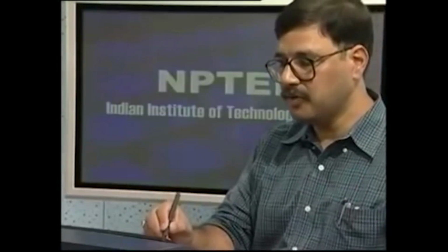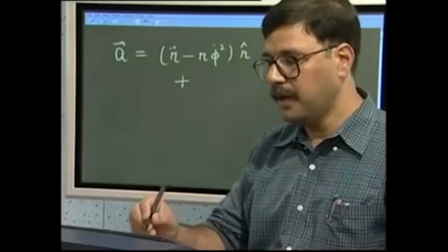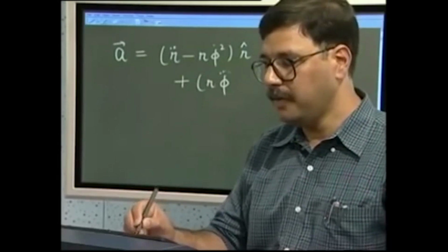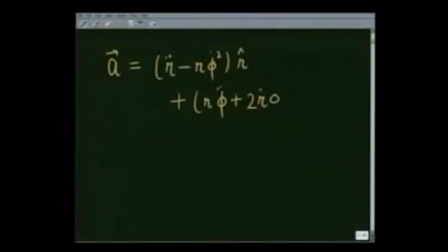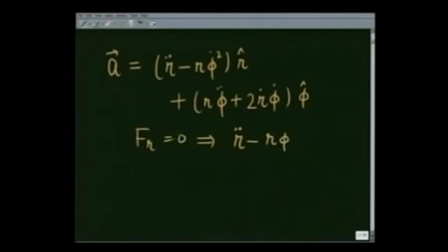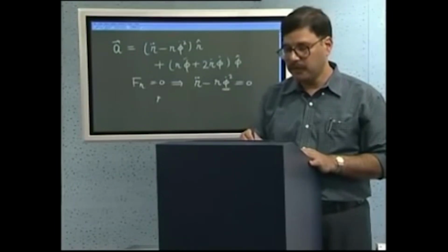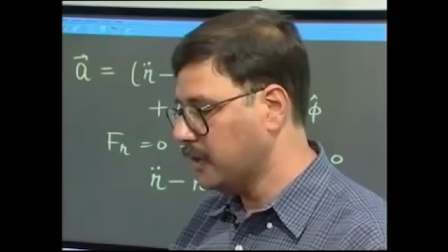If I write the acceleration of the particle in planar polar coordinates, it is going to be r double dot minus r phi dot square in r direction plus r phi double dot plus 2 r dot phi dot in phi direction, and as I have just told you, F r is 0 and this implies r double dot minus r phi dot square is 0, and since I know that the particle is moving with a constant angular speed, phi dot is a constant which is equal to omega, therefore, the equation becomes r double dot minus r omega square is equal to 0.